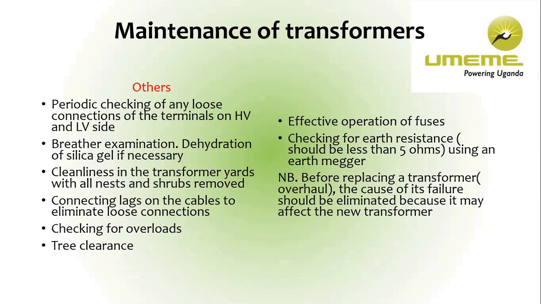But how do you know that the transformer has been affected by lightning? Most of the times, the surge arresters will always be active. When the voltage is normal, the surge arresters are always in normally open position. Surge arresters are 3, and all of them are shorted at one point, and that point of shorting is earthed to the ground.